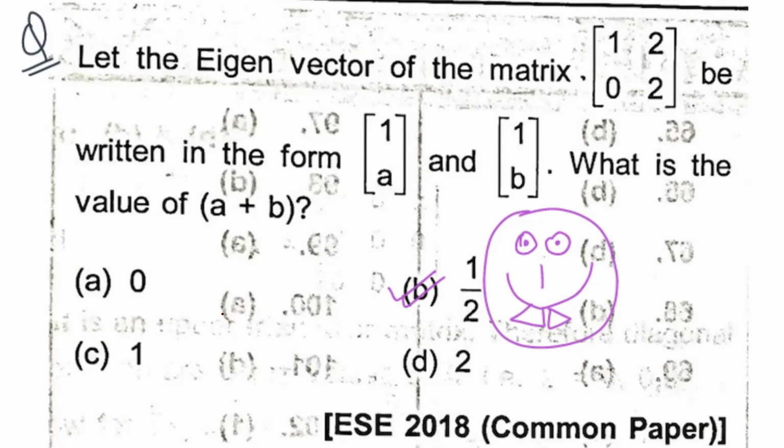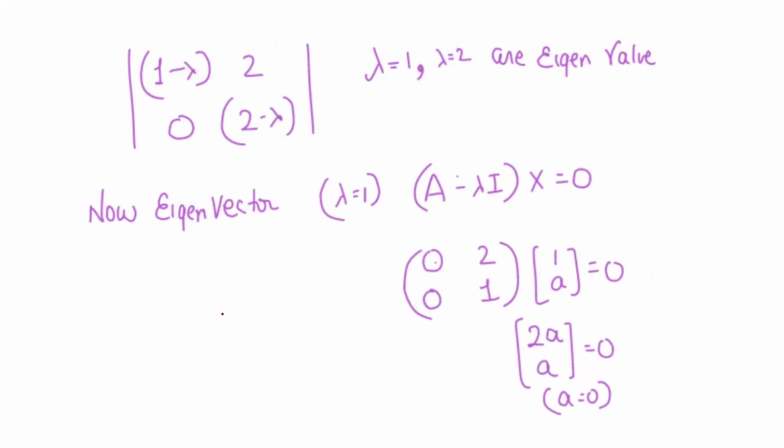Okay, eigenvalue of a matrix is easy. What is the eigenvector of the matrix? The eigenvector of the matrix can be written in the form 1, a and 1, b. What is the value of ab? Okay, eigenvector of the matrix. So first find out the eigenvector, for lambda is equal to 1 and lambda is equal to 2.